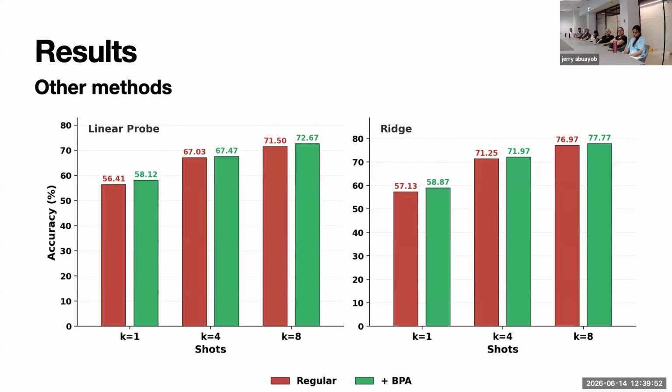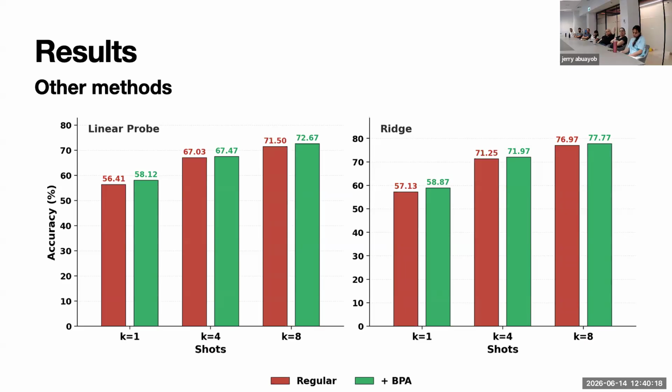A linear probe model is basically fitting a linear classifier using the support set. You just learn a single linear layer. And we can see that plugging in the BPA before you learn this linear layer enhances the performance.